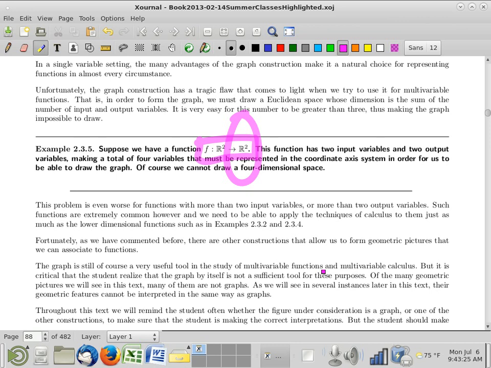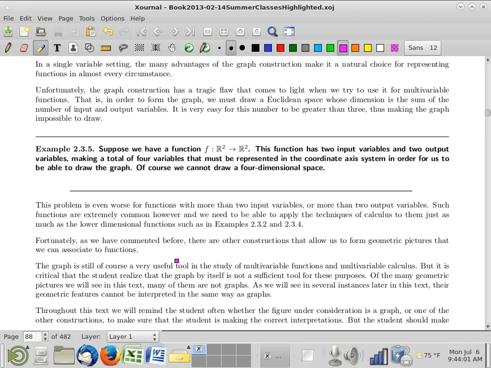So the reason I like to show this example is to emphasize that this is one of the big reasons that we don't rely as uniformly in multivariable calculus on the graph construction, because we just can't. Right? In single variable calculus, you never have this problem. There's 1 input variable, there's 1 output variable, grand total 2 variables, giving you a 2-dimensional picture that is the perfect problem for a 2-dimensional piece of paper, which is cheap and easily available.